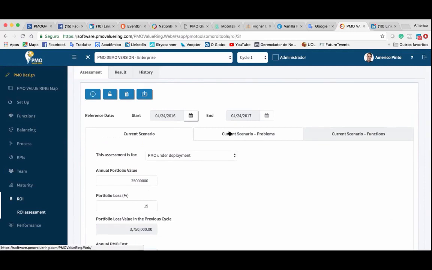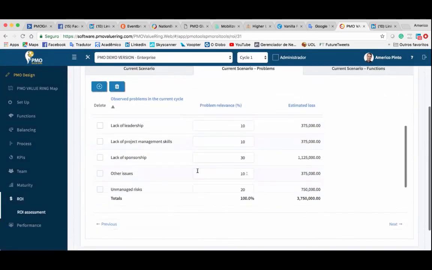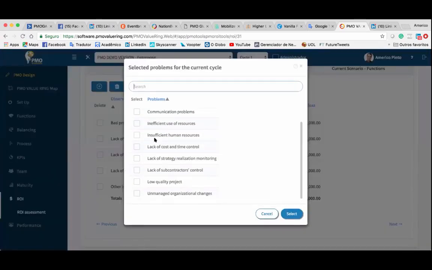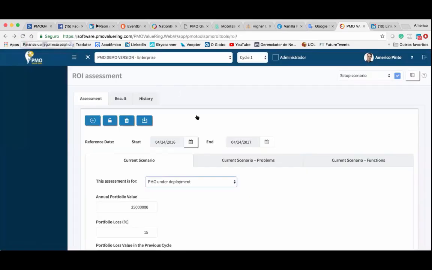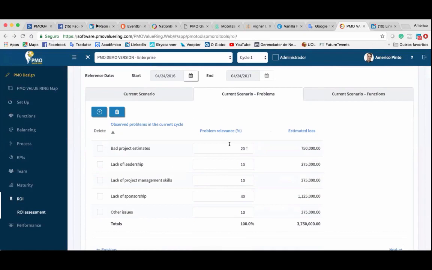Now we go to the second tab. At the second tab, you will see the problems, okay? You can include problems from a list, and you have to say the relevance of each problem, right? And you can see the estimated loss here.